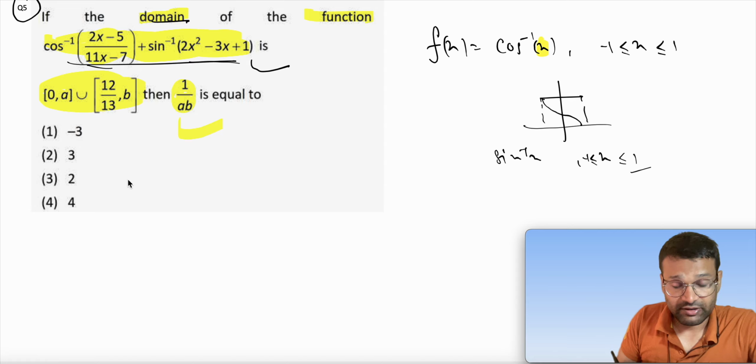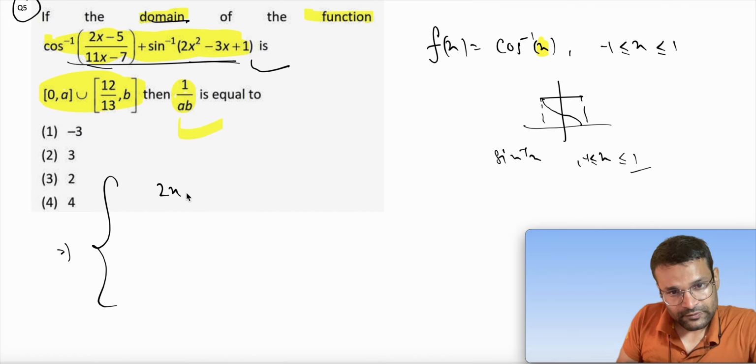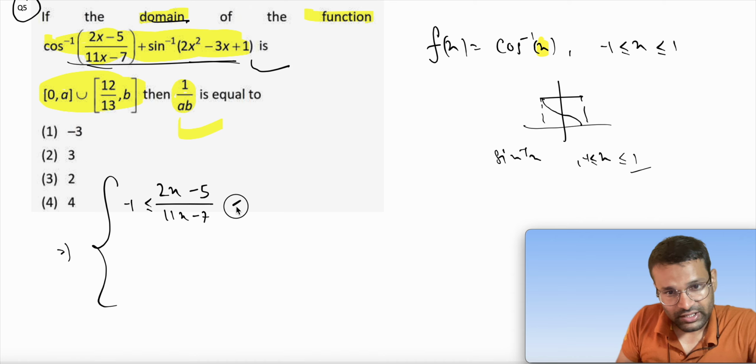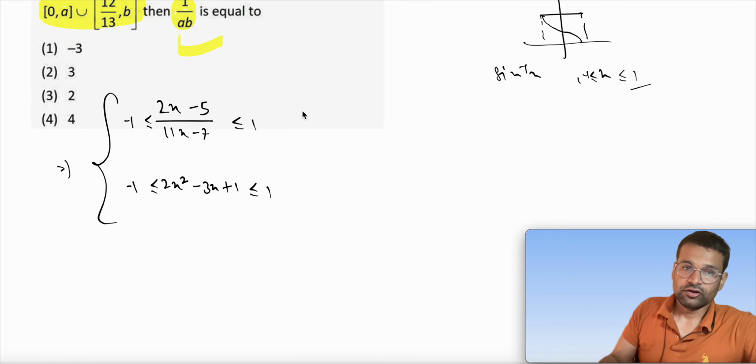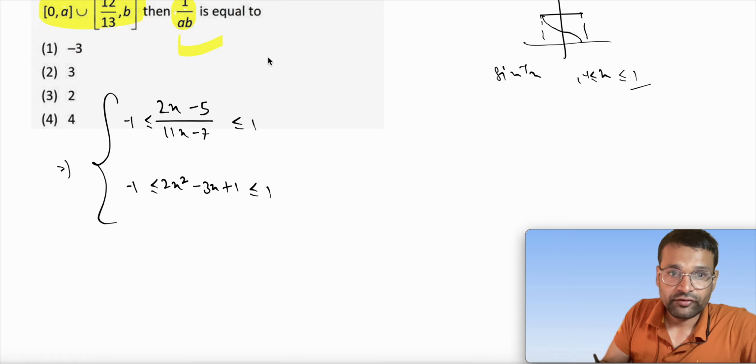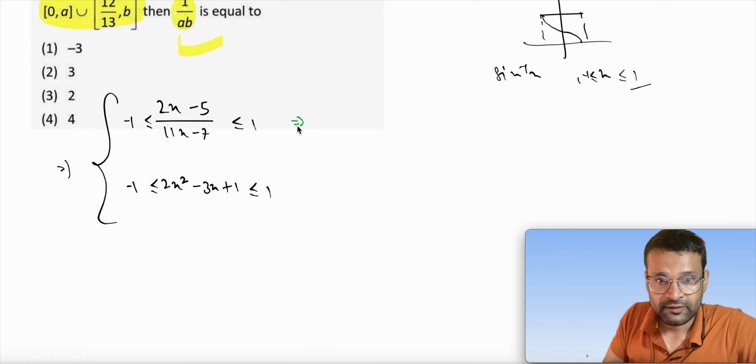So we are finding the domain of this complete function. For defining this complete function, we write two conditions: 2x minus 5 by 11x minus 7 greater than minus 1 and less than 1, and 2x square minus 3x plus 1 greater than minus 1 and less than 1. Now you can solve again.